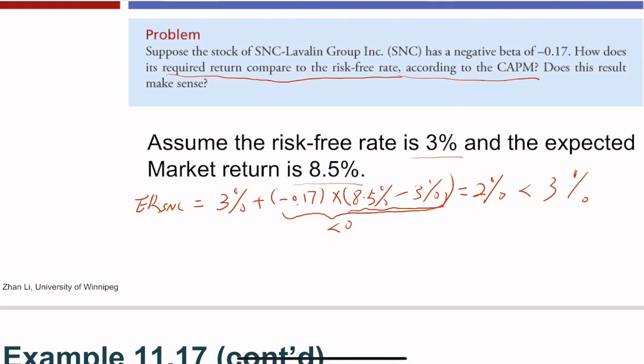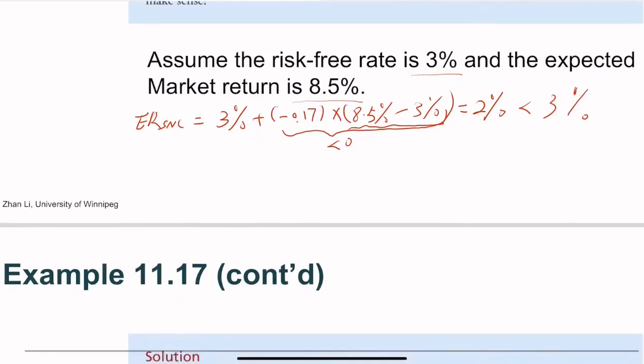This implies that on a bad day, your life will not be that bad because you have S&C stock, since it will give you some positive return on a bad day. So this insurance has value. That's why, in order to get this insurance, you will just require a 2% return. That's the intuition here.